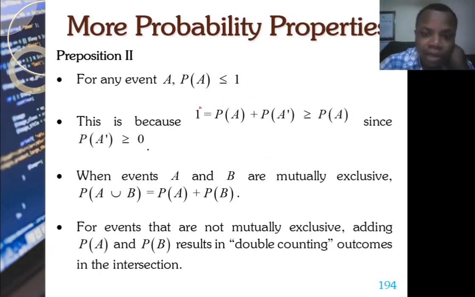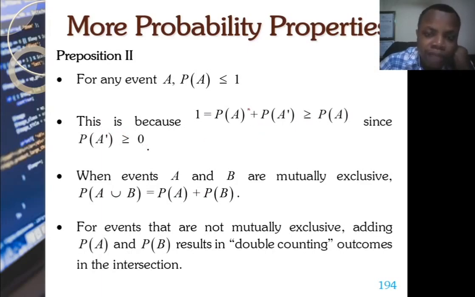Now remember that probability of A plus probability of A prime should always give us 1. And remember that this is always greater than or equal to probability of A, because probability of A prime should be greater than or equal to 0.